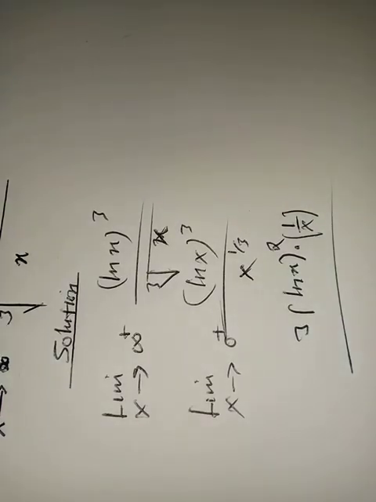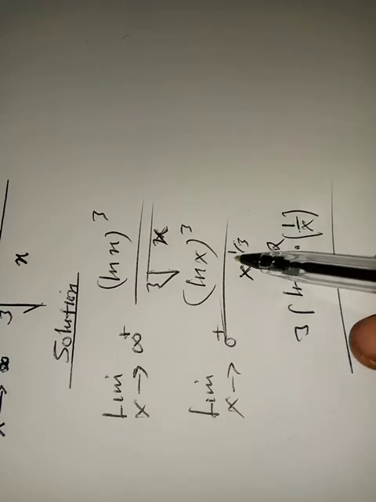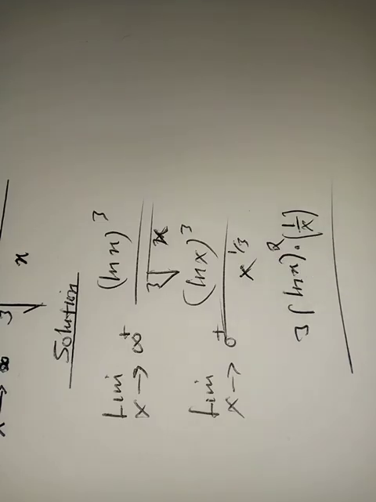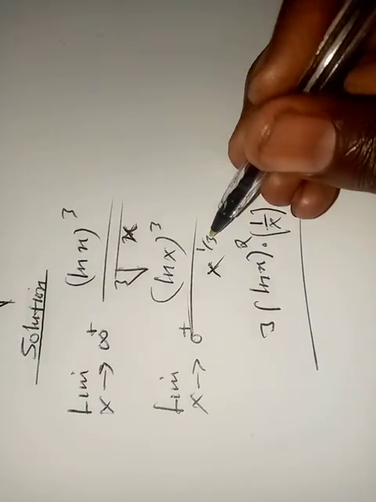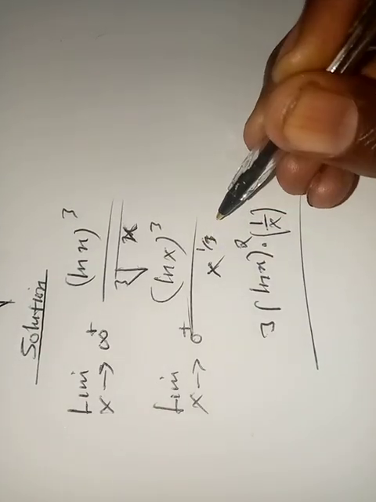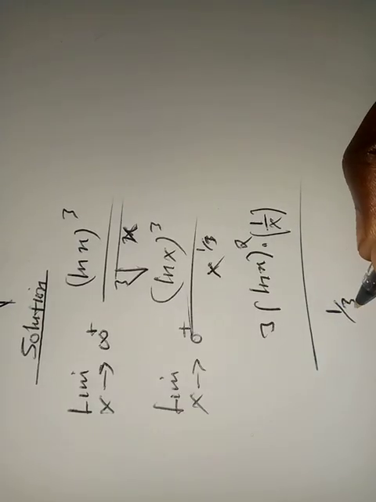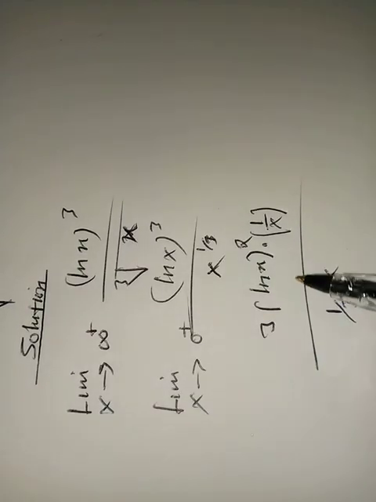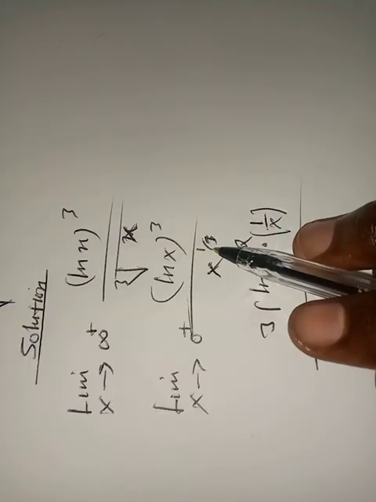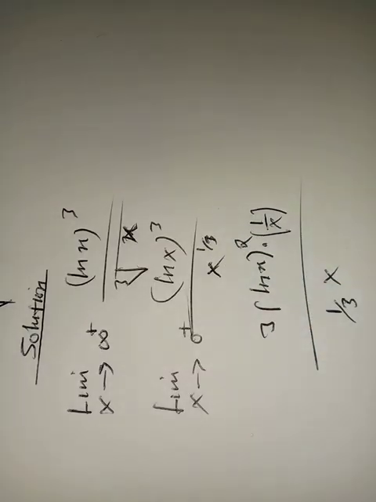You come to the denominator, where I have x raised to the exponent of 1 over 3. In this case, you can just apply the power rule, where you allow this 1/3 to come in front. If this 1/3 comes in front of x, you then reduce the power by 1.